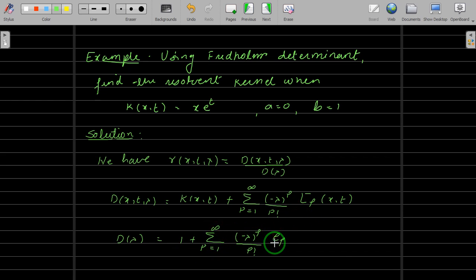Again, for the small c_p and capital C_p, we had those integrals and determinants. Let me write those also.